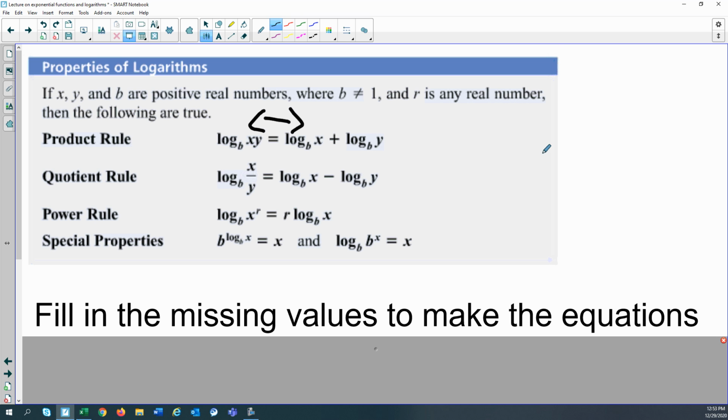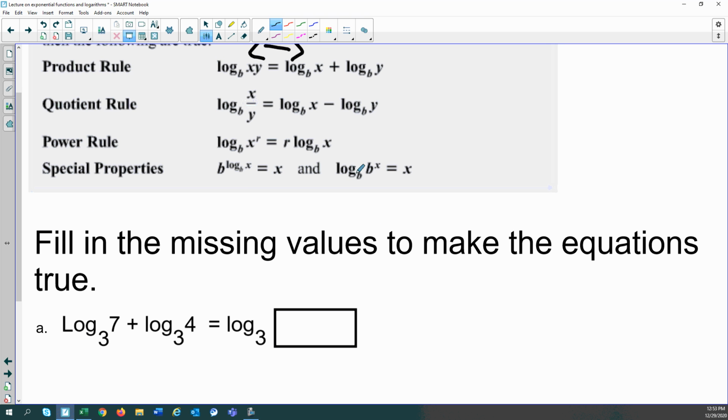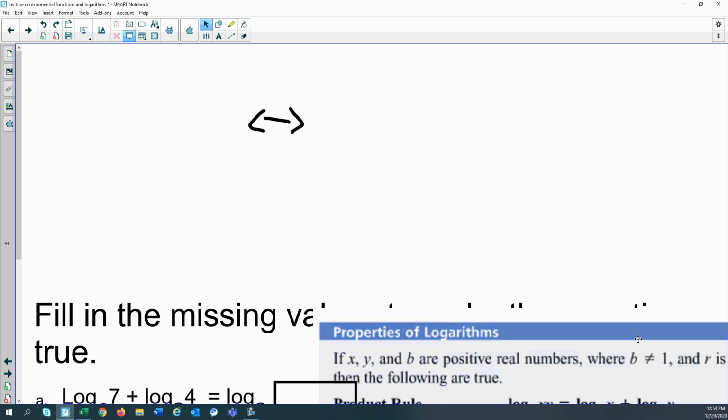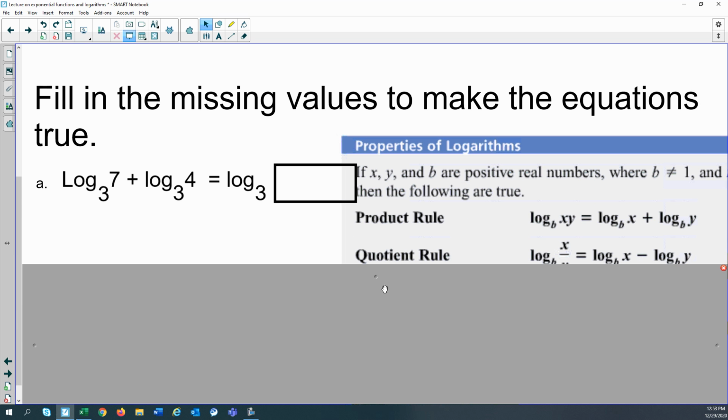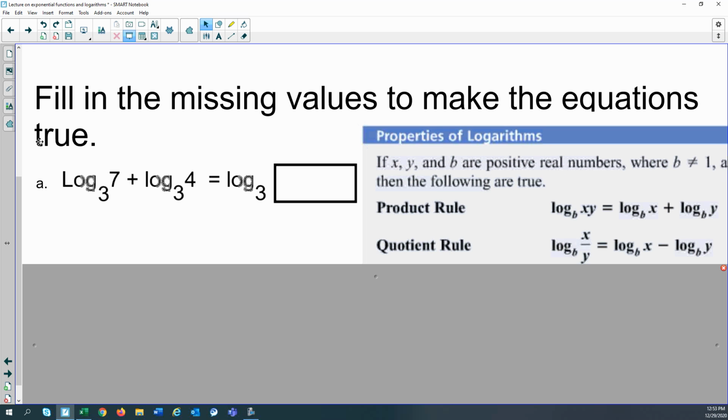So let's look at a few. We're filling in the missing value to make the equation true. So we want it still to be equal to each other. Notice that we're starting with, on the left side, two logs. They have the same base, that's good, and they're being added together.